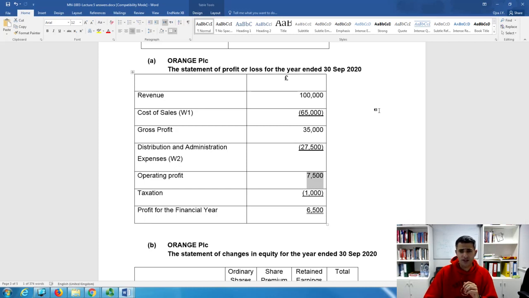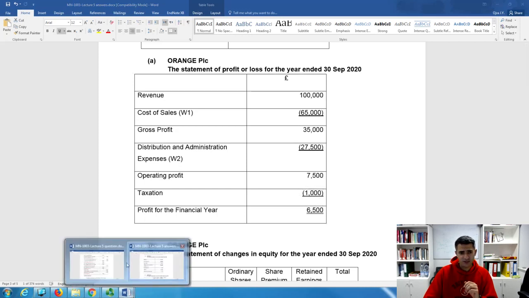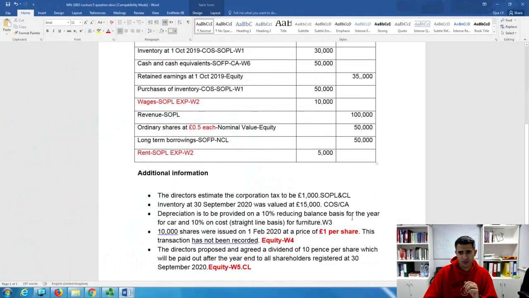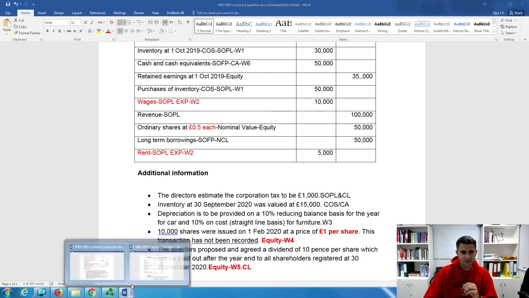Of course, after this, you need to take away the taxation, which is the one, if you remember, in the question here. Where is taxation? Here we go. Taxation should be on the bottom of statement of profit and loss, but also in current liabilities.